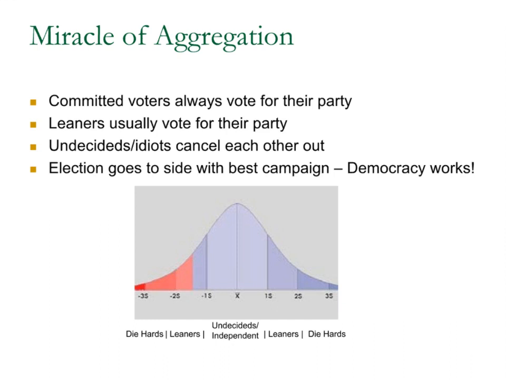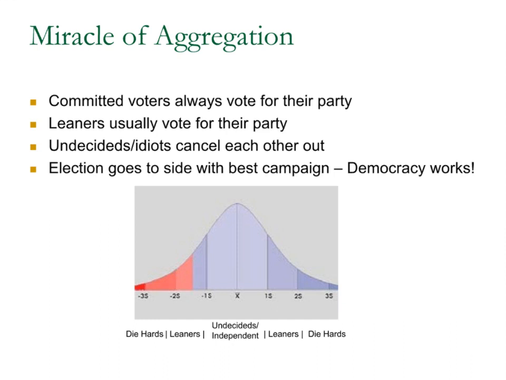What that means is that the side that wins the election is the side that either gets their committed people to come to vote more than the other side does, or it's a side that is able to persuade some of the other side's leaners to cross over and vote for them. Which means whichever candidate runs the best campaign has more votes consistently for them from the leaners and partisans than the other side that had an ineffective campaign, whose partisans maybe didn't show up and whose leaners defected and voted on the other side.